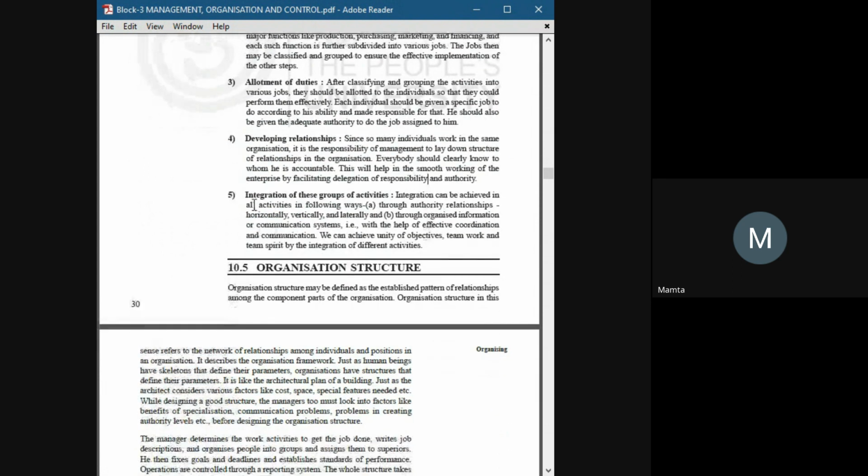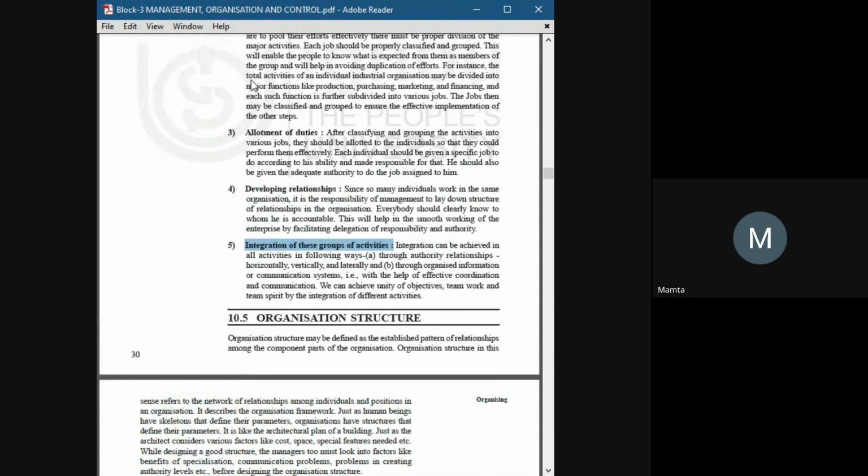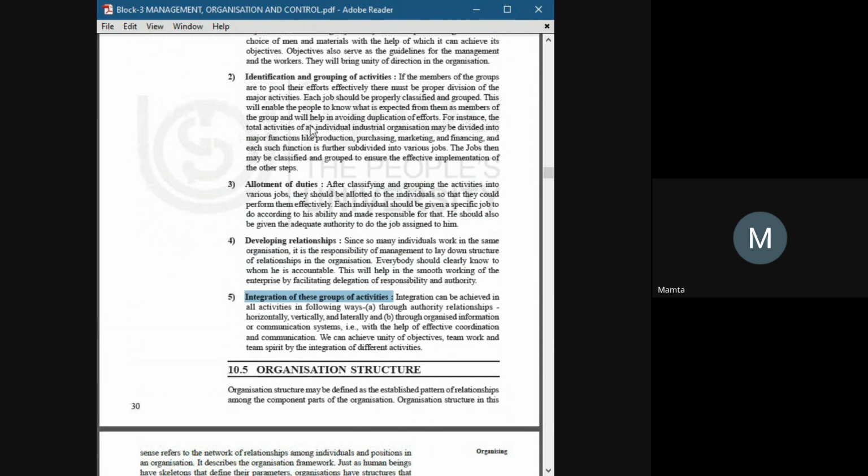Integration of these groups of activities. Whatever activities we have classified here, in the form of production, finance, management, marketing, and sales, and other things, now we will integrate them.